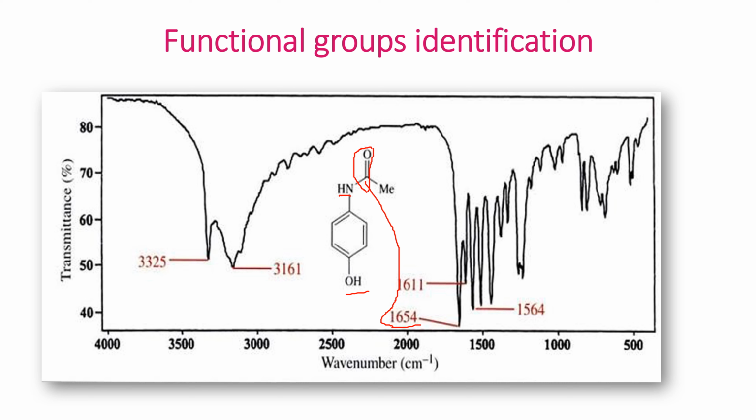The peaks at 1611 and 1564 are due to the carbon-carbon double bond of the aromatic ring. The peak at 3161 is due to the OH group. The peak at 3325 wave number is due to the NH group.